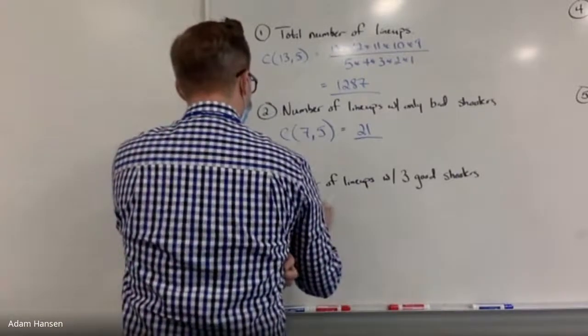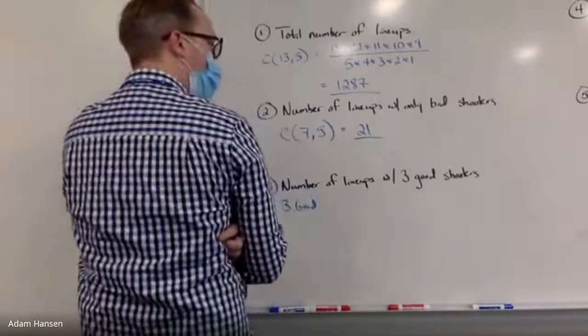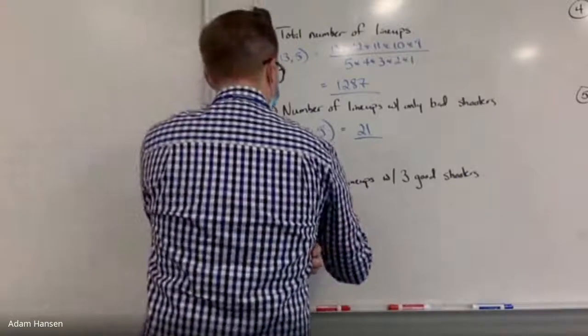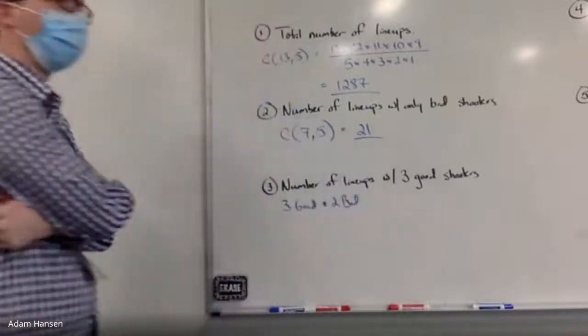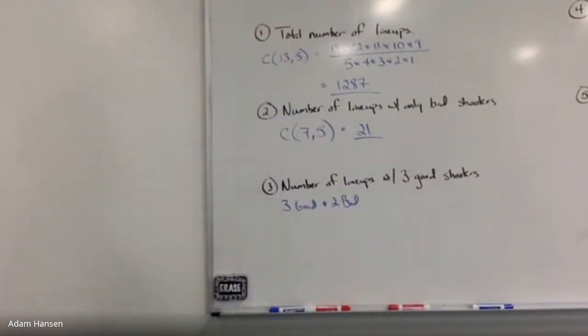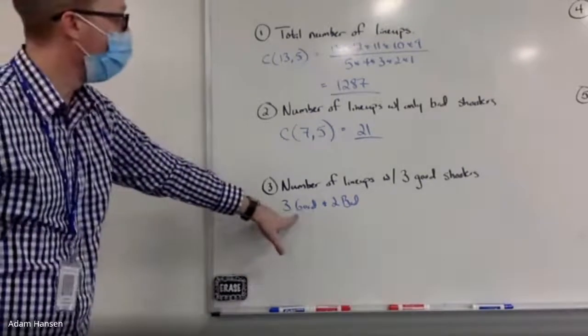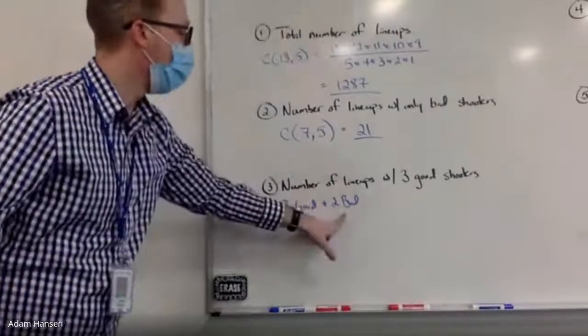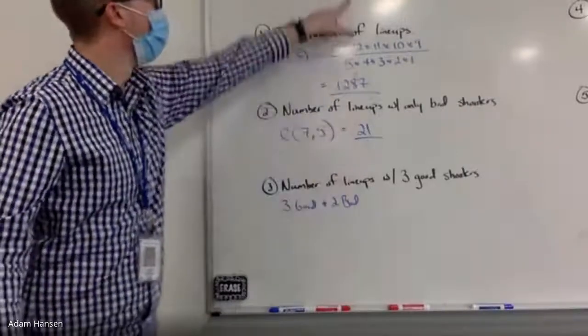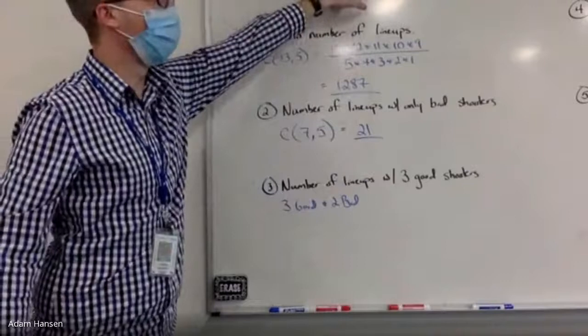Find all the combinations of 3 good shooters and 2 bad shooters. I'm going to need 2 different combinatorics, 2 different combinations. How many ways are there to choose 3 from the 6 good shooters? And how many ways are there to choose 2 in the 7 bad shooters?